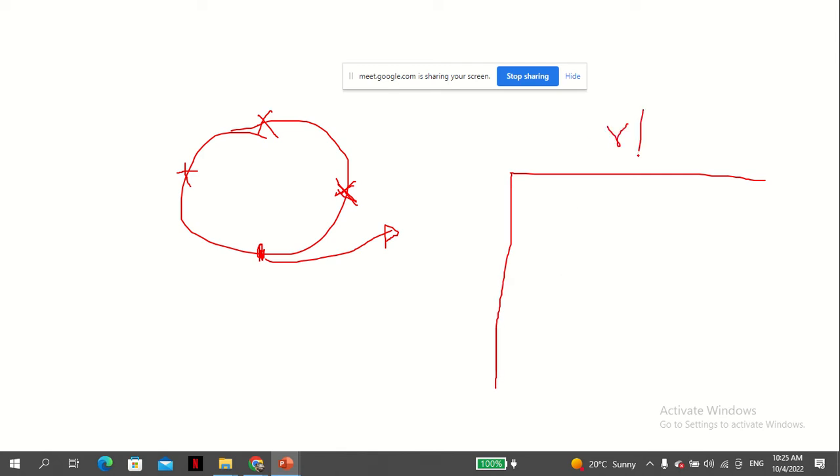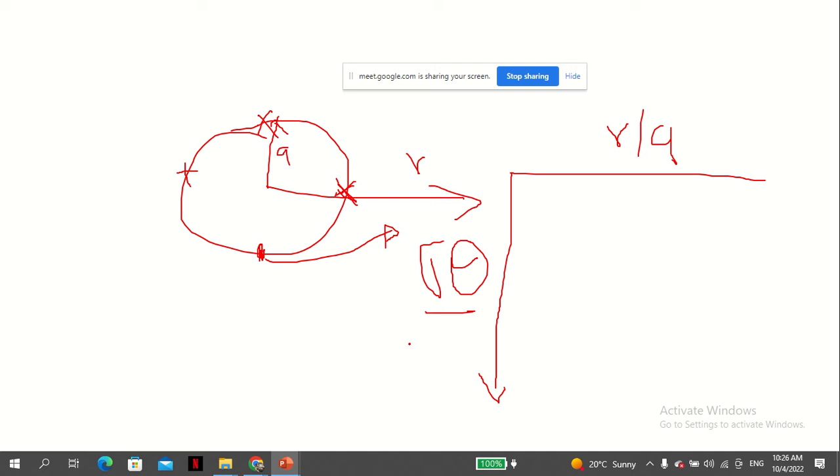So R over A, you remember R over A. A is the radius of the circle, but r is any radius from the center of the circle. So r over a, and you draw sigma theta over p2, depending on the various values of k.